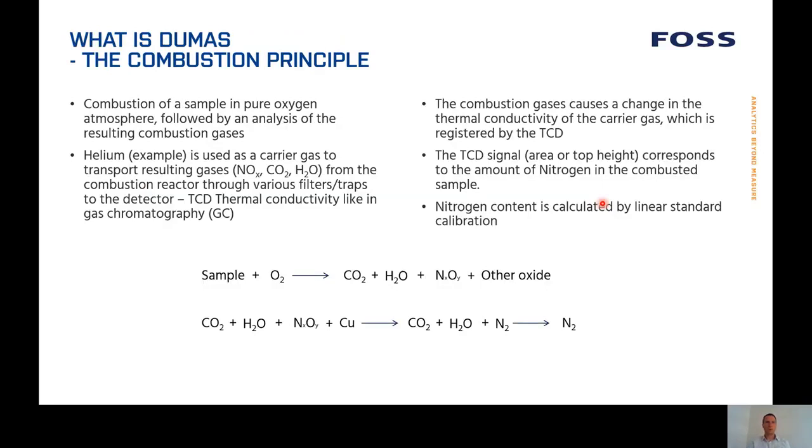So the Dumatec and the Dumas method use a combustion principle where the sample is combusted with oxygen, and helium is used, or you can also use argon in some cases, for transporting the combustion gases, and that's primarily water, CO2, and different kinds of NOx gases.